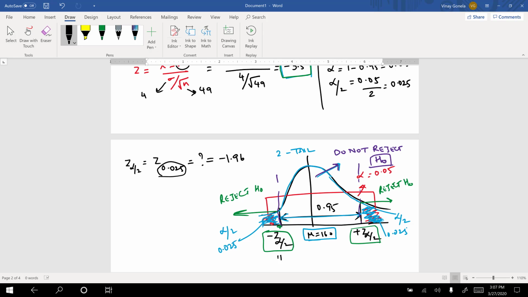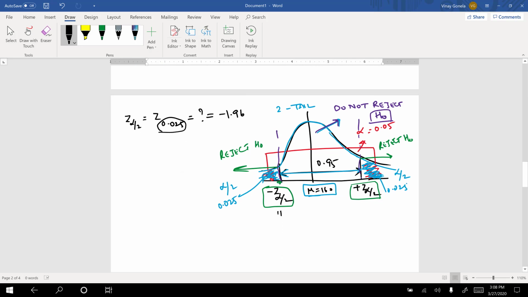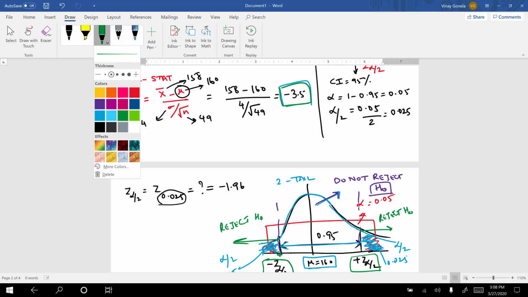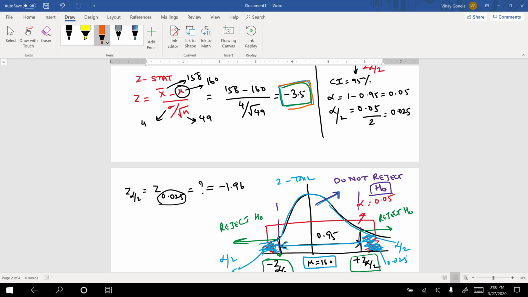So if you see, this is negative 1.96 and this is positive 1.96. Now you go and look for your z value from test statistic. That z value is actually negative 3.5.